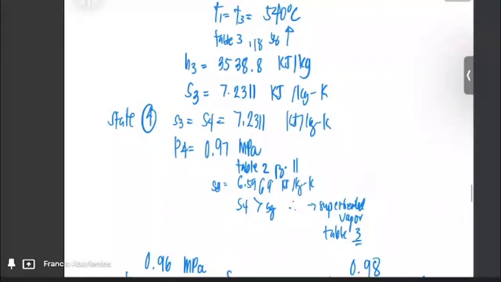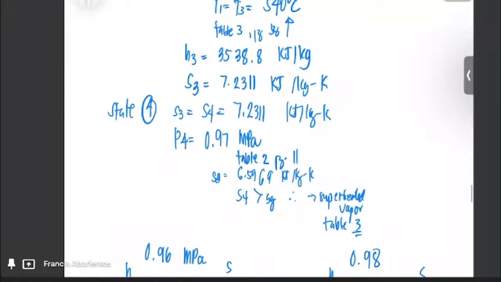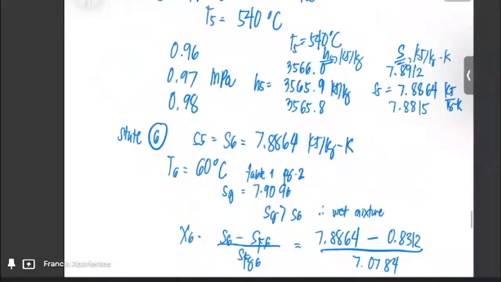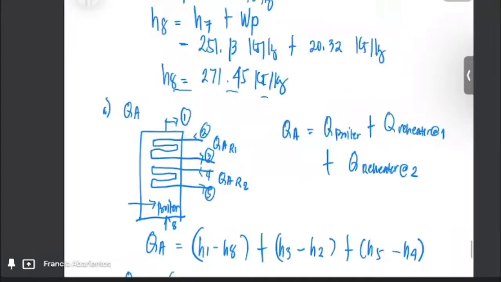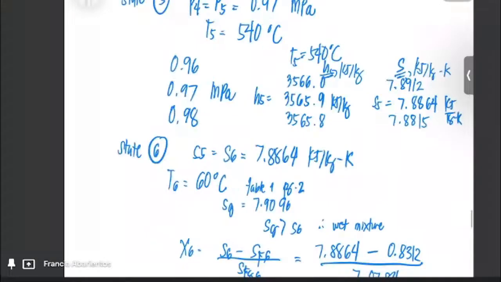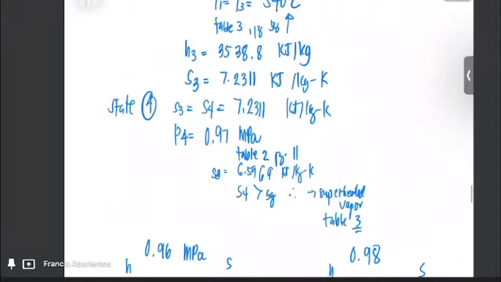Ayan. 3583.8. 0.8 or 0.5 class? Naduling na akong class. Tama, 0.8.